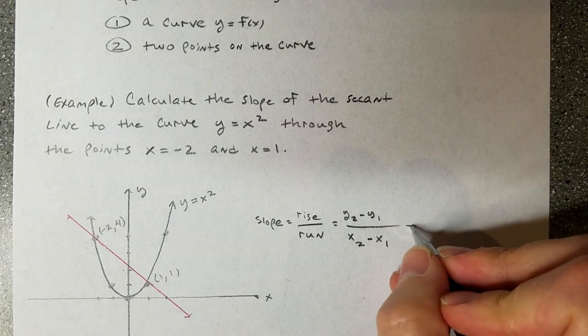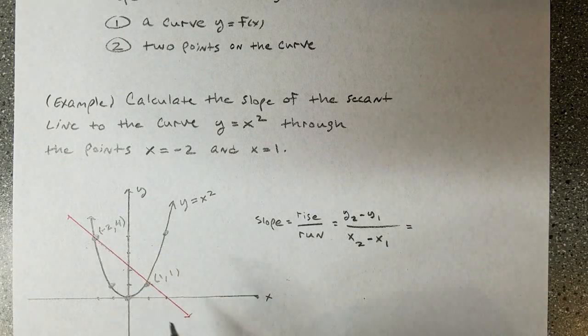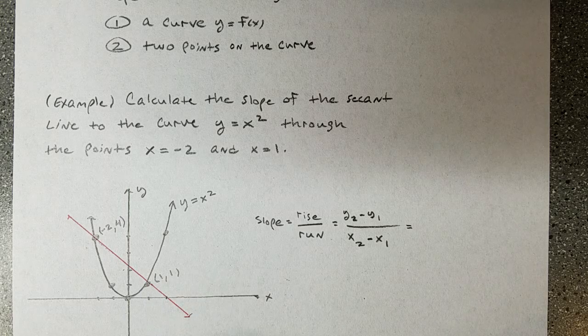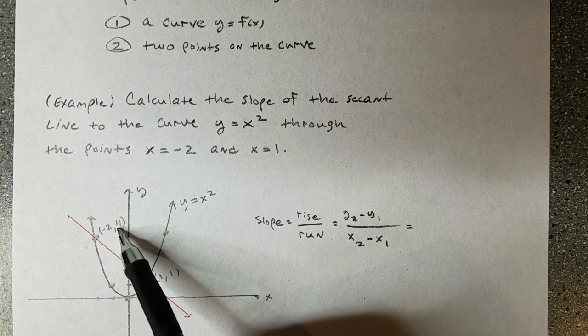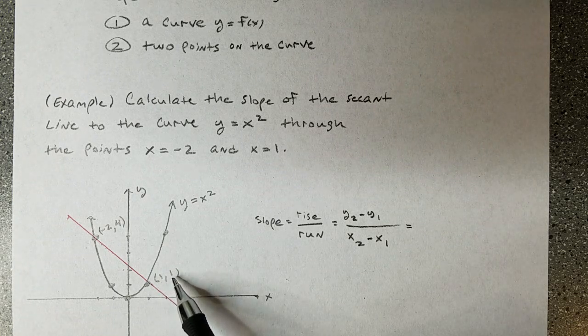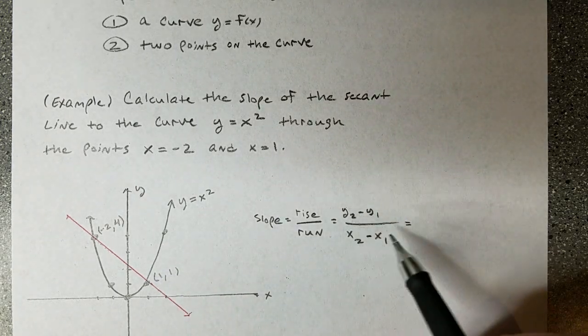Since I have the points right over here, whichever point you call 1 and 2 doesn't matter. Whether you call this point x1 and y1 or that point x1 and y1, it wouldn't make any difference. You're going to get the same answer.